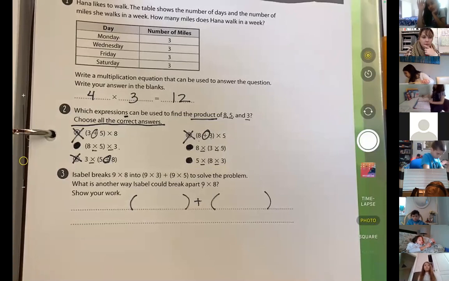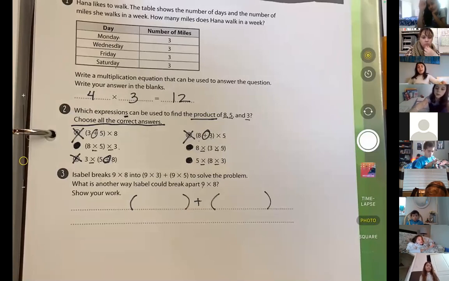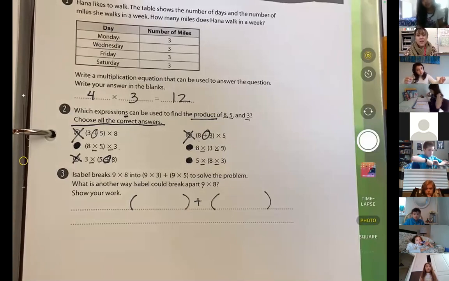Just giving some other friends a chance. I have a question. Can we break apart 9? Can you say that again? Can we break apart the 9? Yep, you can break up either number as long as you keep the other one the same.